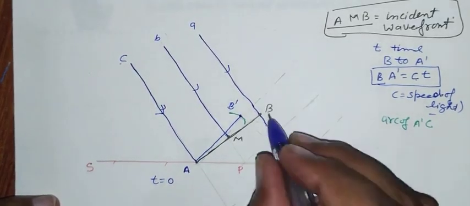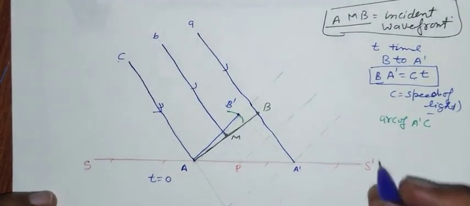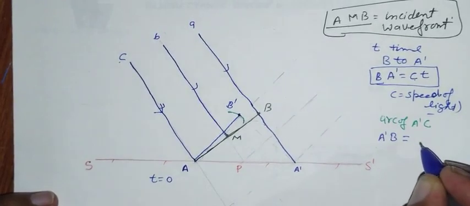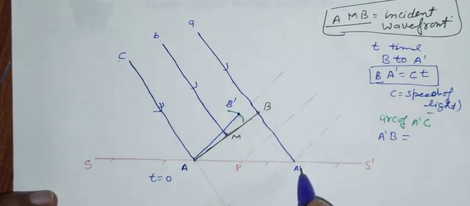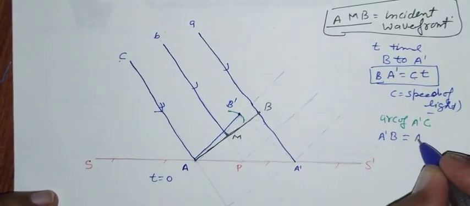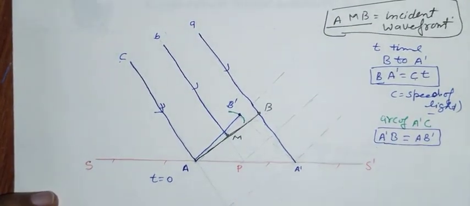In that condition, see very carefully, A dash B is equal to A B dash. This is very important.